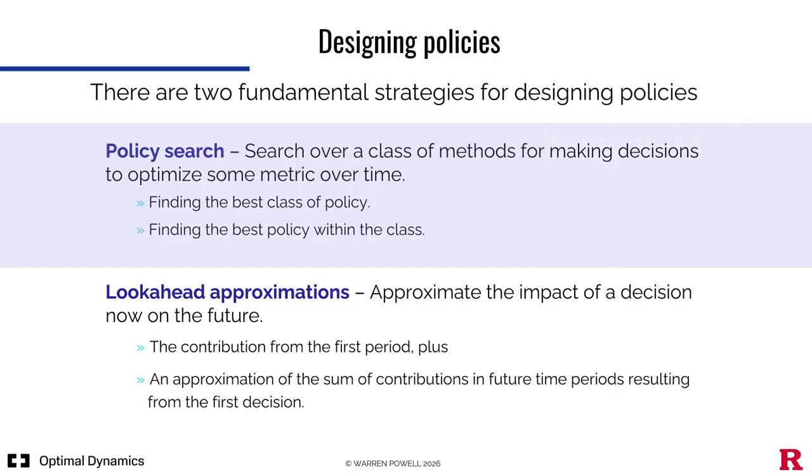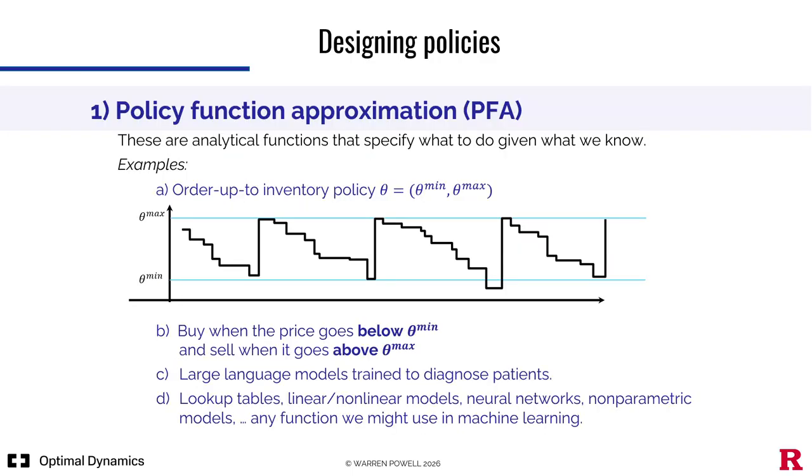The first of my 4 classes of policies I call policy function approximations. These are simple rules like order up to policies. When the inventory goes below a level, order up to a level. Can be buy low, sell high policies in finance. It can be when it's cold, wear a coat. Large language models can be trained to diagnose patients and output a decision.